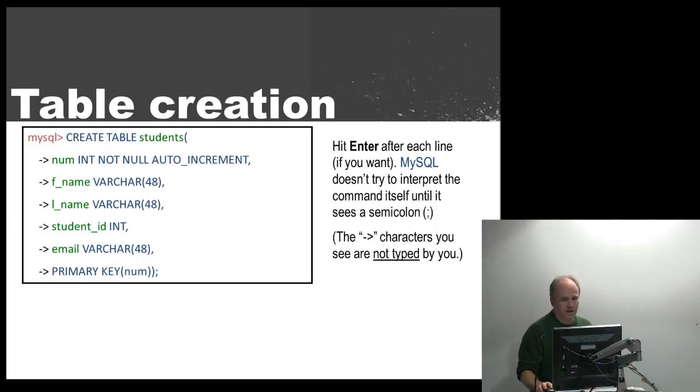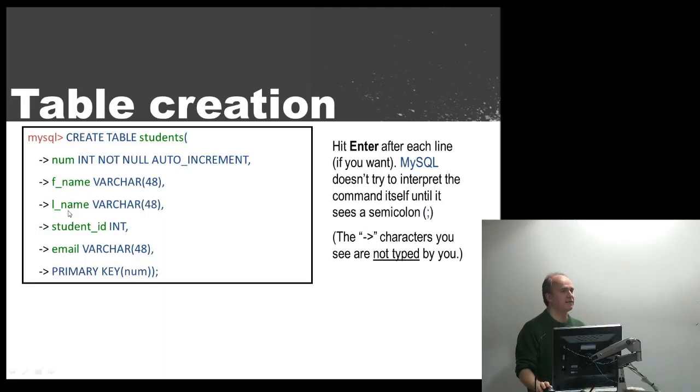So you are going to have this field, which is going to be your index. Then you will have the first name, some kind of characters. Here we set a value of 48 characters, which should fit most first names.